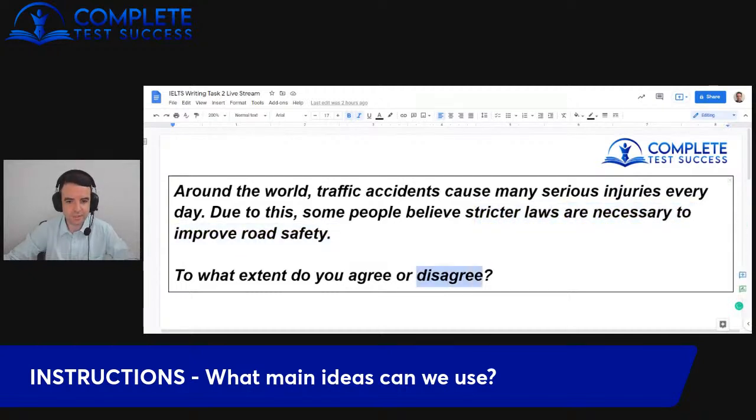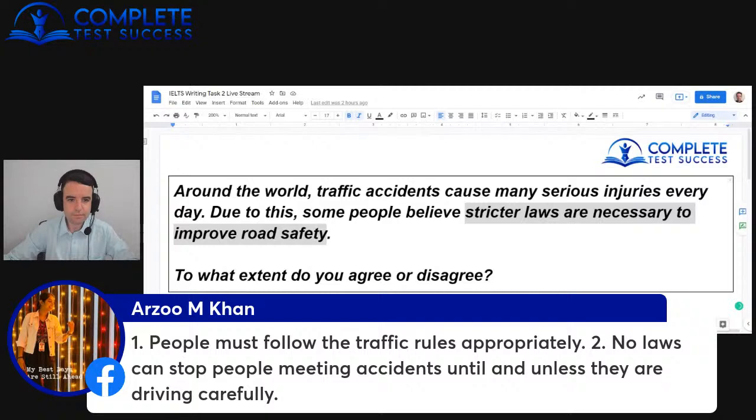Or if you're disagreeing, you're saying I do not believe that stricter laws are necessary to improve road safety. So, with that in mind, to say that people must follow the traffic rules appropriately, that's not saying whether stricter laws are necessary to improve road safety or not.